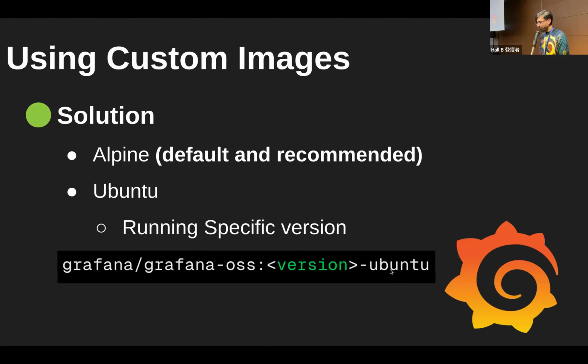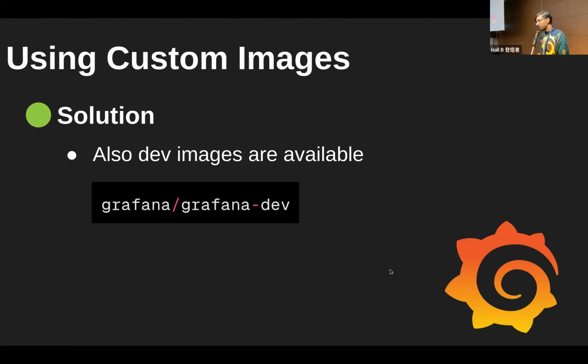So that's the way. And also, if you are interested in trying some new features which are not yet released, those are available in grafana/grafana-dev images, which you can try out before the release and have some fun.